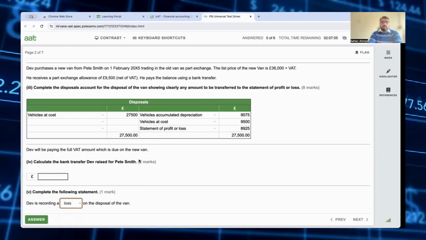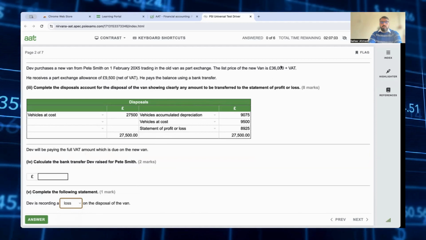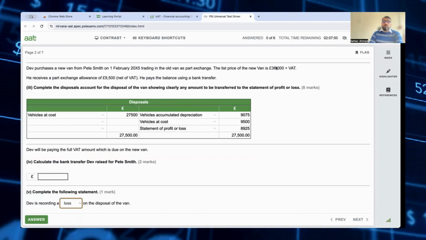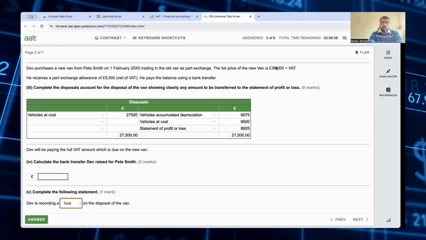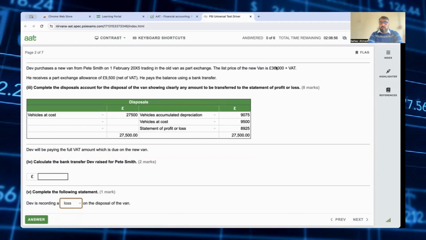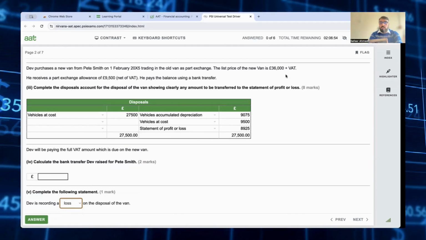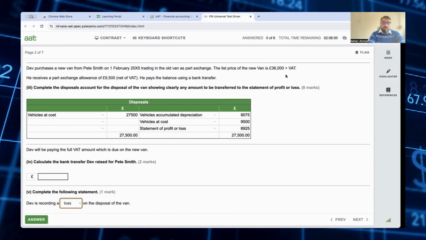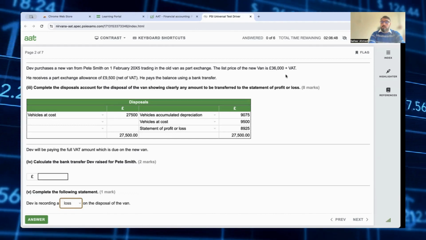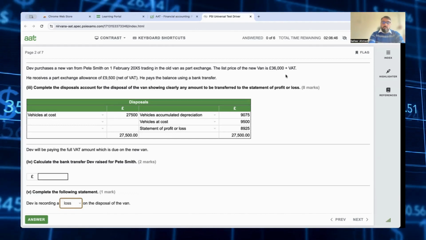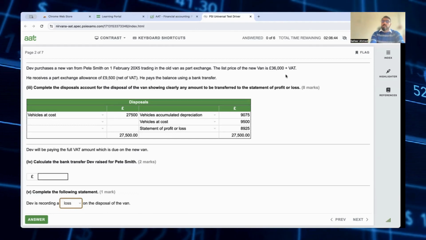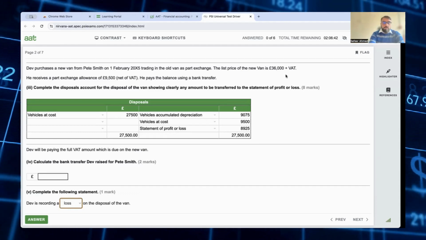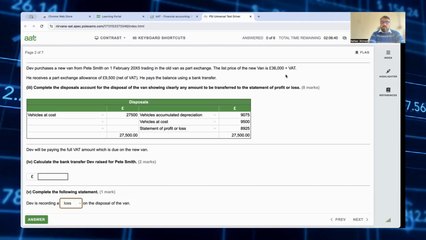Now, first of all, you need to determine how much the total amount due is. So 36,000 they're giving you, which is exclusive of VAT, but we want inclusive of VAT because that's the amount they will be paying. So 36,000 times 120%, which will be including VAT of 20%, which is 43,200.